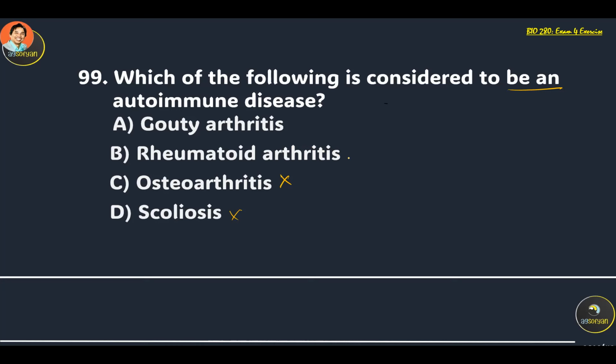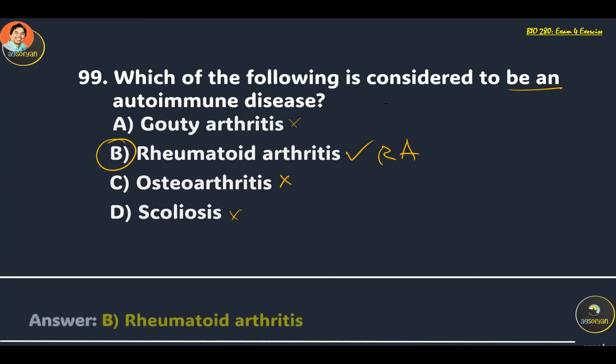Gout is also not an autoimmune disease. It is caused by uric acid, not by antibodies or IG. So this is the one, RA. Rheumatoid arthritis is one of the autoimmune diseases.